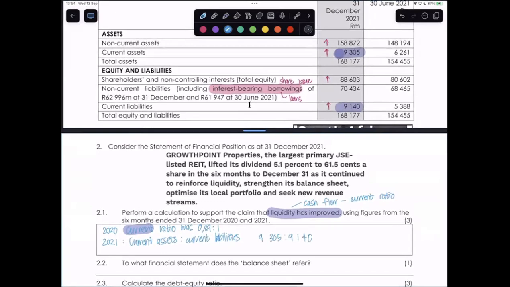That then gives you the ratio of 1,02 to 1. And what you can see over here is that it has actually improved. So the situation is definitely better, and that backs it up.